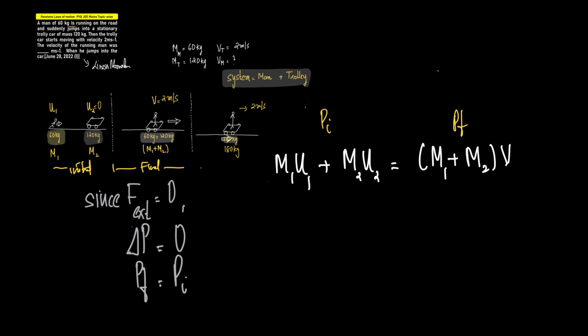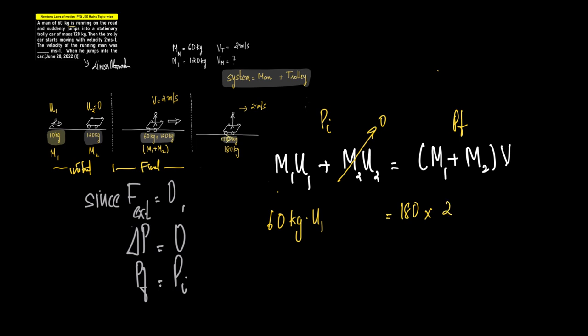Now u2 is equal to 0, so this term gets eliminated. So what is there? m1 u1. What is m1? m1 is 60 kilogram. What is u1? We don't know. So 60 kilogram u1 is equal to m1 plus m2. m1 plus m2 here is 60 plus 120, so m1 plus m2 is 180. So this becomes 180 into v. v is the common velocity by which both the man and trolley as a system moves, which is given to us as 2 meter per second.